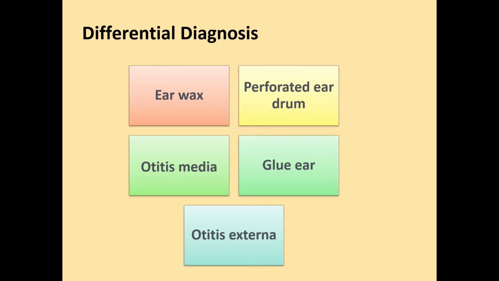Otitis externa, that's inflammation of the external ear, so from the ear canal out to the pinna. So that could be itching in the ear canal or of the pinna, maybe some earache, and that generally would be aggravated if you pull the earlobe, and that could be used as a diagnostic tool.